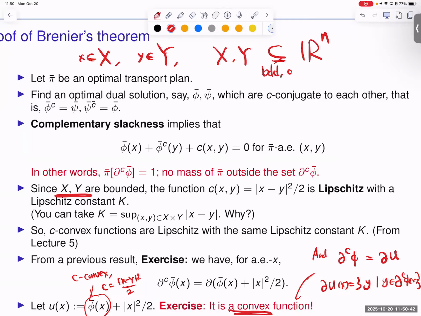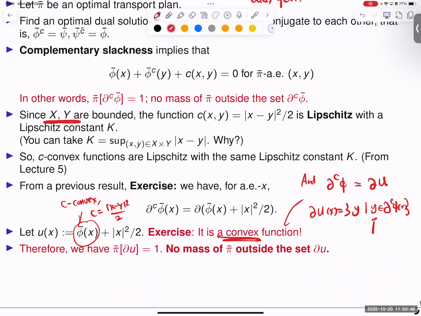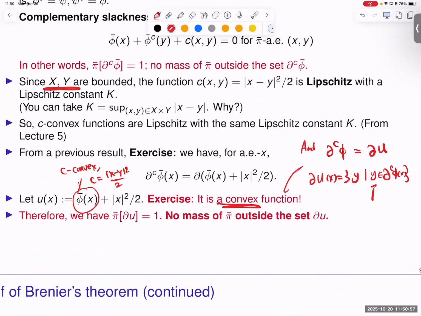So those y's, the slopes for the convex function u, belong to a bounded set, a subset of Y, which is bounded and open.